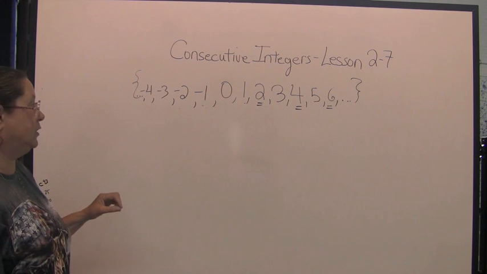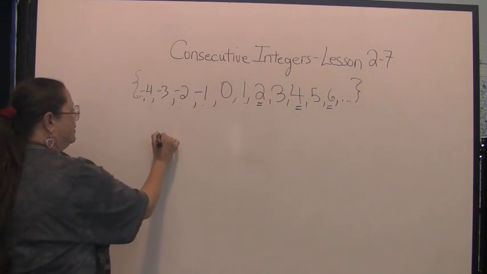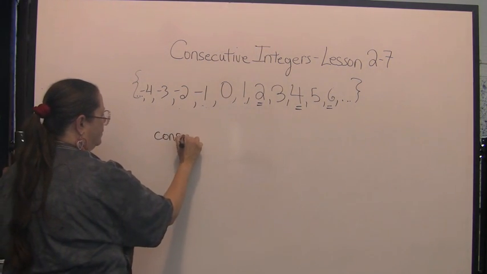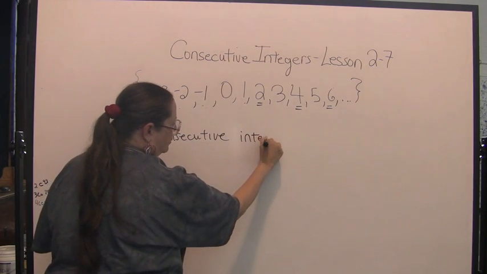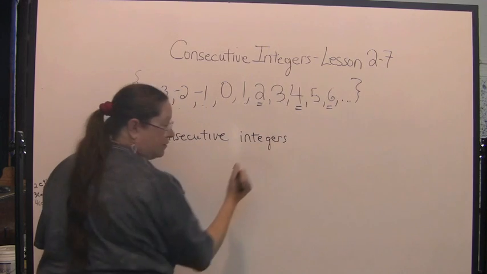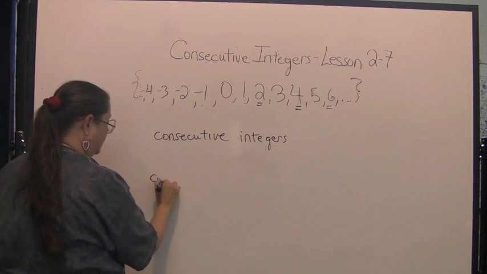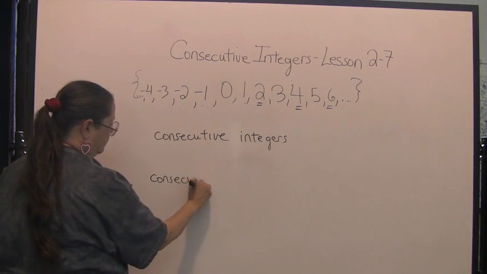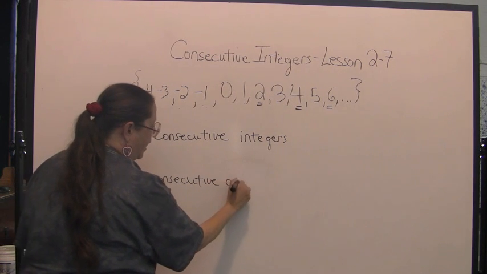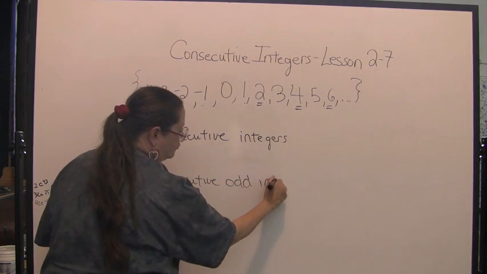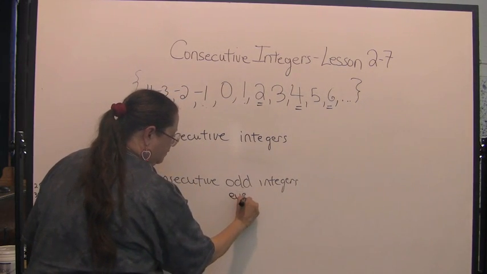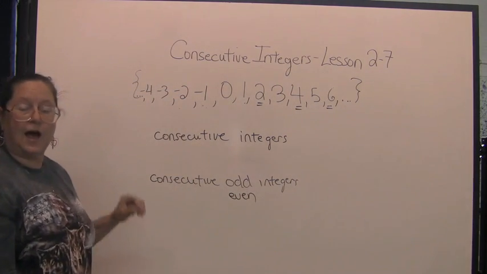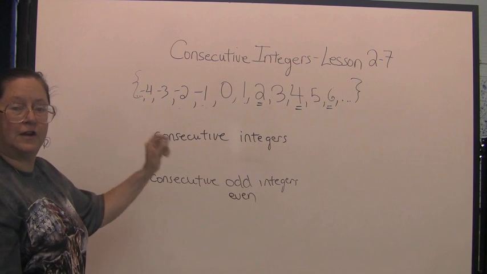Now, the difference between plain consecutive integers and either consecutive odd integers or consecutive even integers is how you get from one to the next.